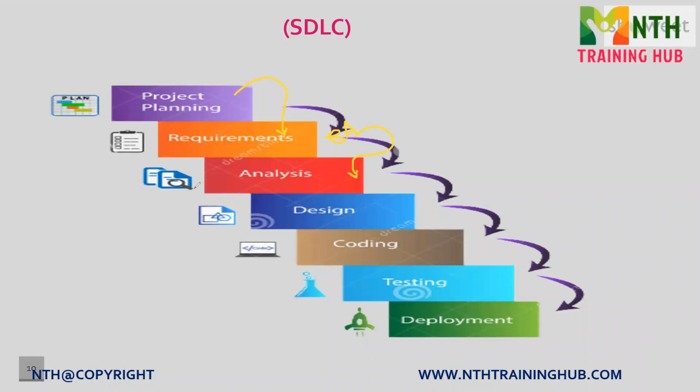The designer will prepare all the documents and analyze them. These two happen at the same stage. Then coding would happen. The whole file will be given to the testing engineer. The testing engineer will verify and validate. Then the deployment would happen.